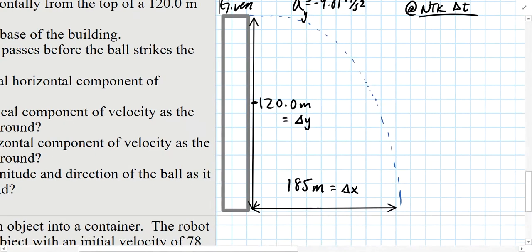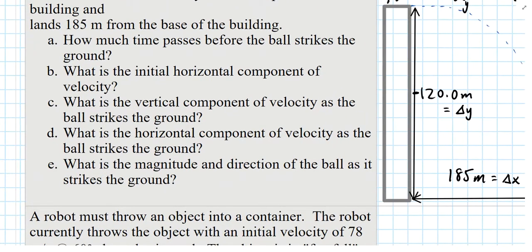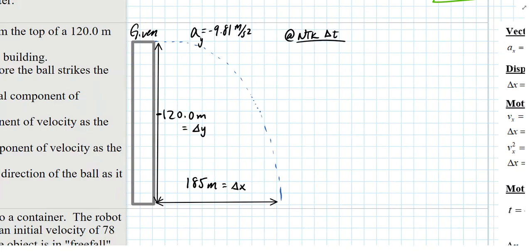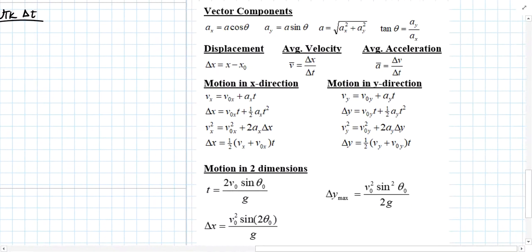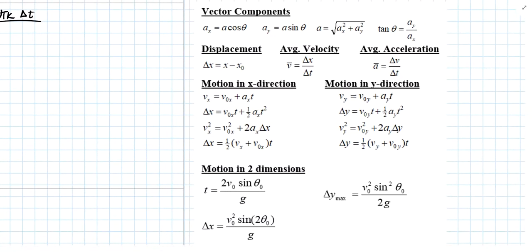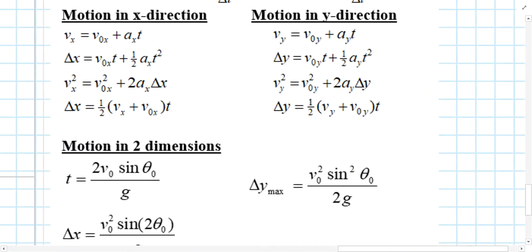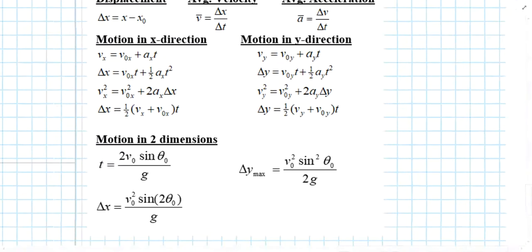So in question A, we need to know the time value, because question A is asking how much time passes before the ball strikes the ground. Now we will again use the same formula sheet that we had before, and the tough part about 2D kinematics is that the motion in the x direction and y direction are essentially separate from one another.